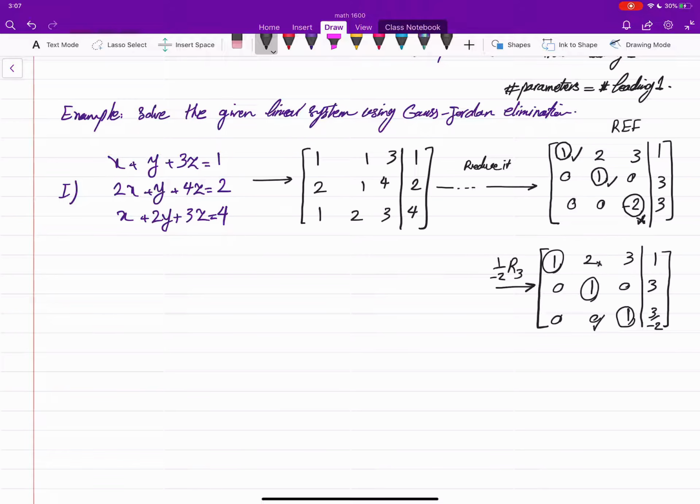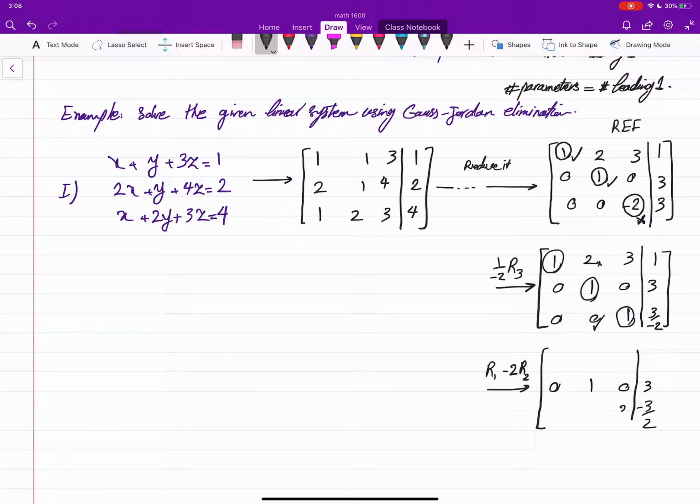Now above, we have to make it 0. To make that one 0, we replace row 1 by row 1 added to negative 2 multiplied by the row with the leading one. So this will be 0 1 0 1 3, and negative 3 over 2.